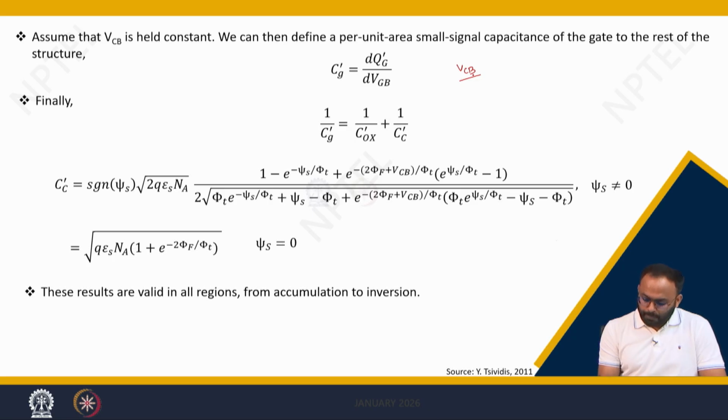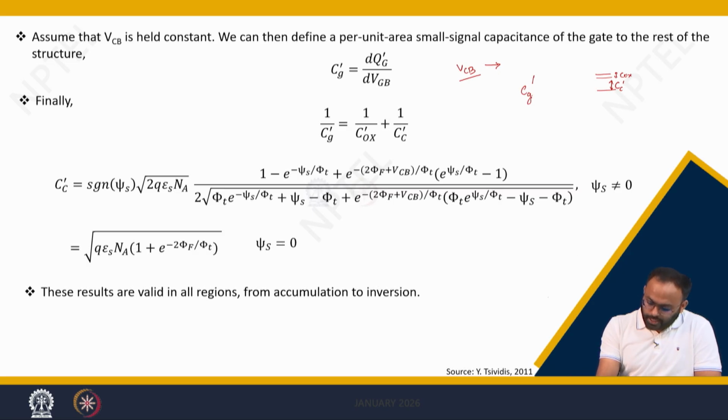Again, if we derive all those equations of the gate charge considering VCB as constant, then we will get to know that the overall Cg dash can be given by a series combination of Cox and the channel capacitance Cc dash.